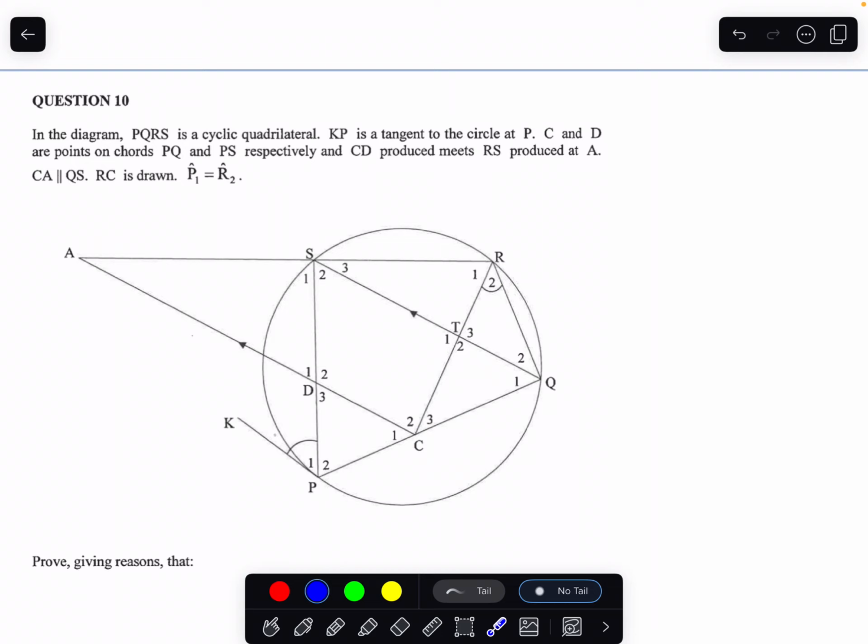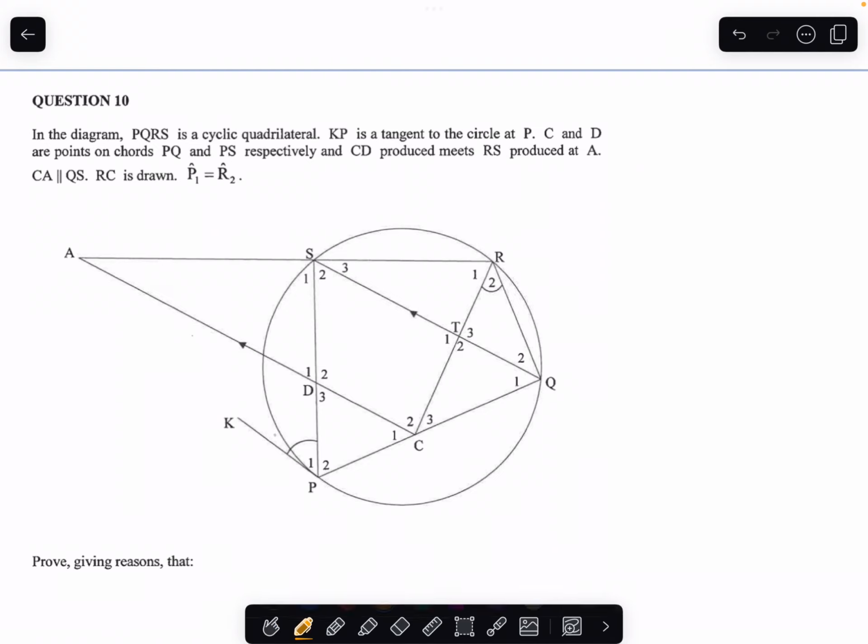So yeah, let me just go over it again. So first they say, pretty much using the same reasoning that we did, the sides we want to end up with at the end are AC, SD, TC, and AR.